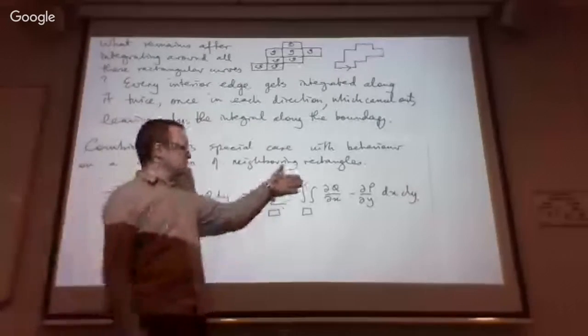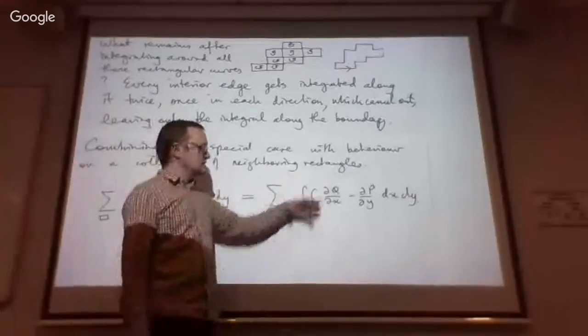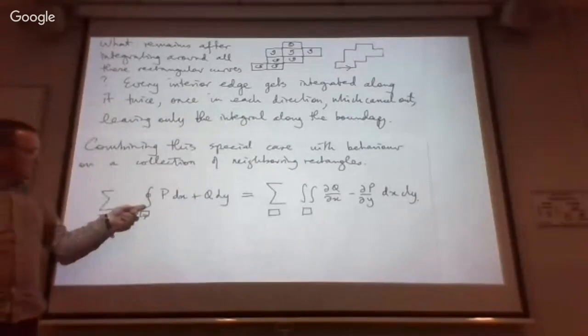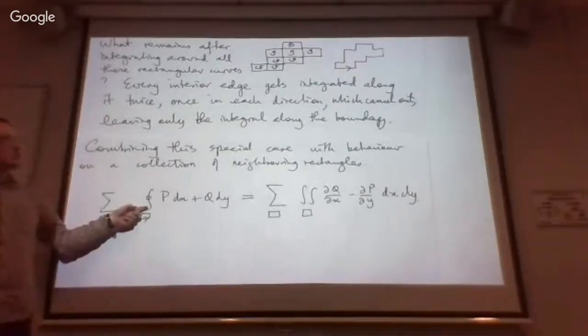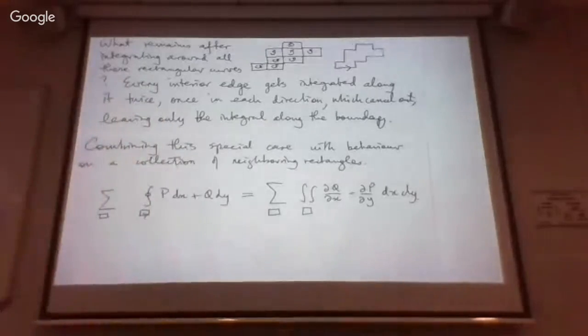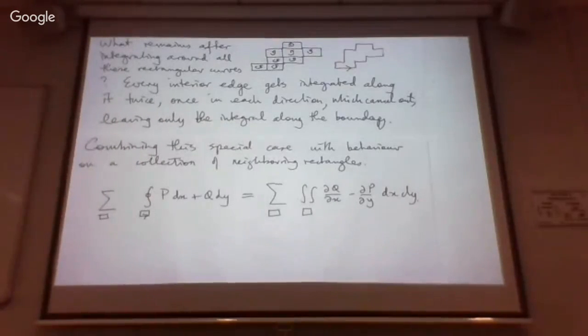So when you add up the double integrals over all the rectangles, you just get the integral over the whole region covered by the rectangles. When you add up all of these closed integrals, you just get the closed integral around the boundary of that region that you covered in rectangles.